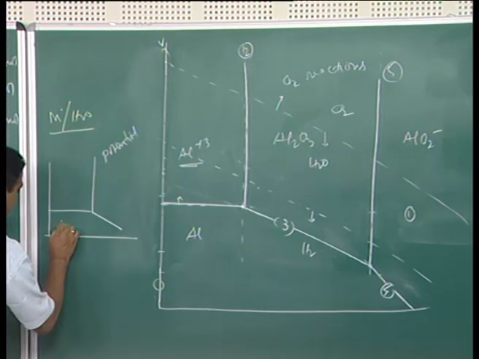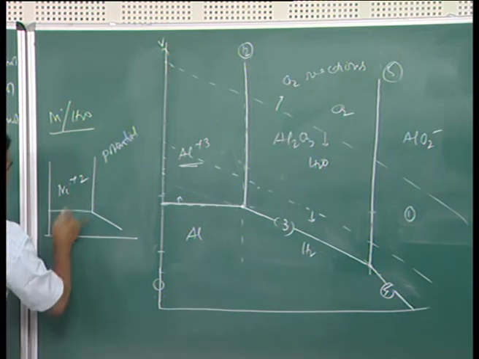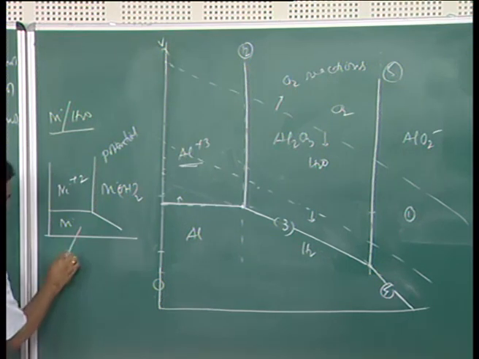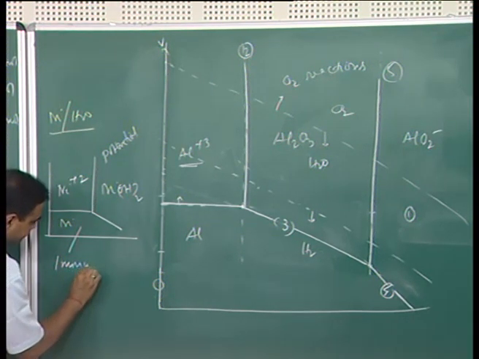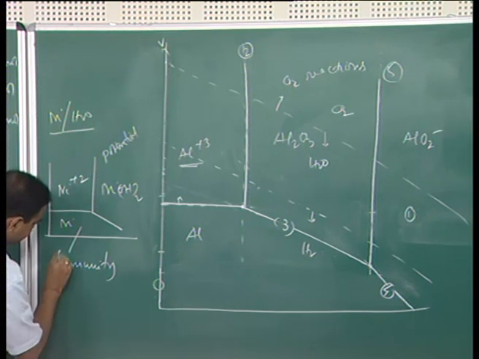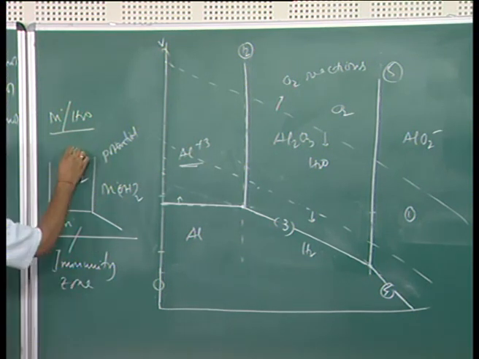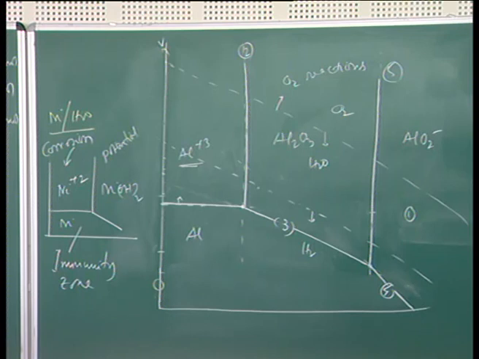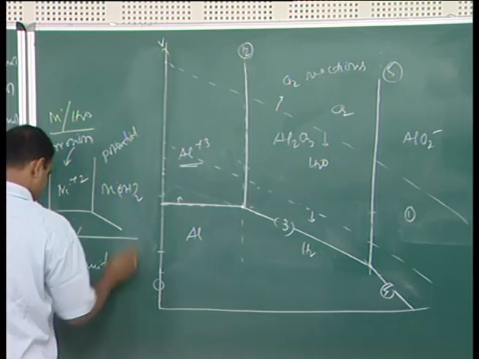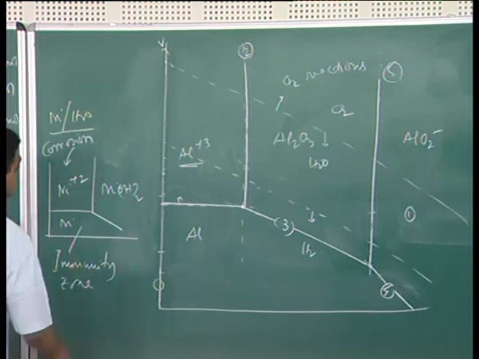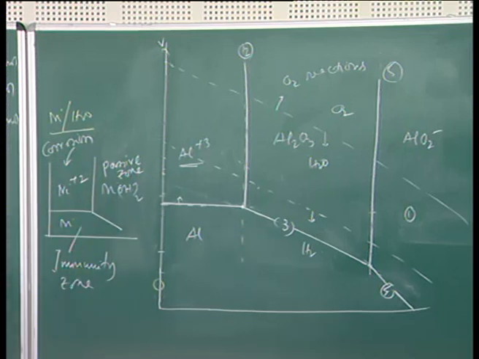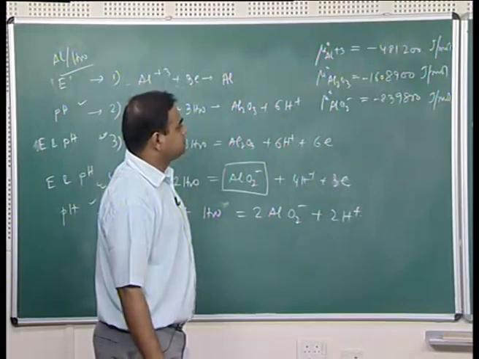Now, here this is Ni plus 2, Ni(OH)2. In that case this is my immunity zone, this is my corrosion zone because ion is forming, and this is my passive zone because we have Ni(OH)2 formation on the nickel surface and it passivates the metal.